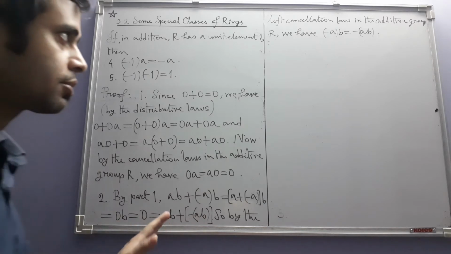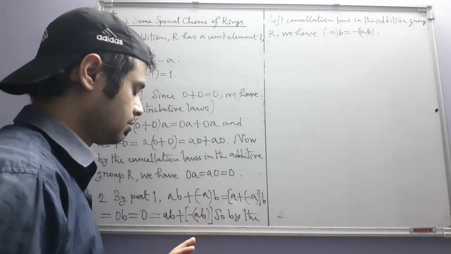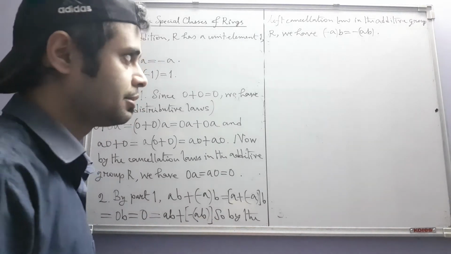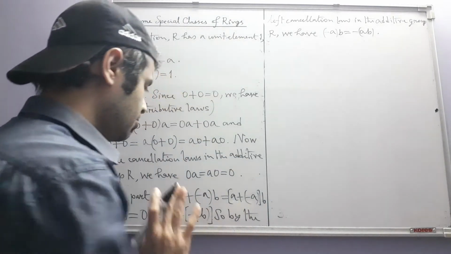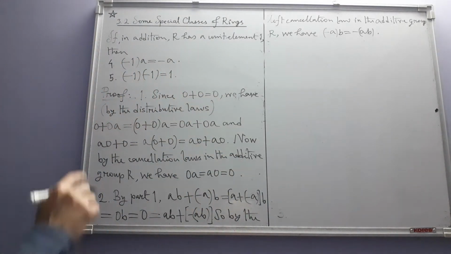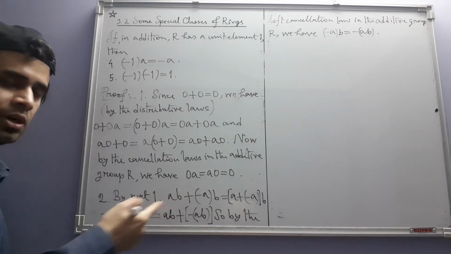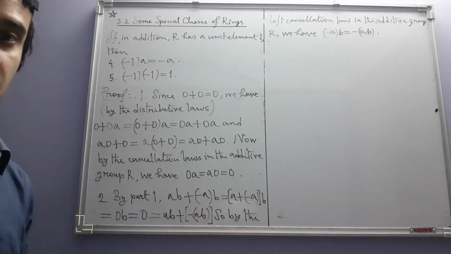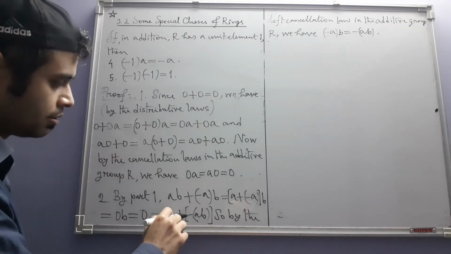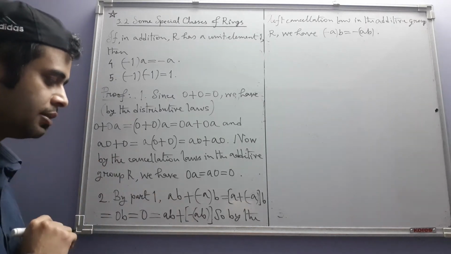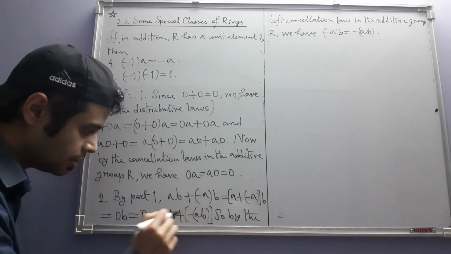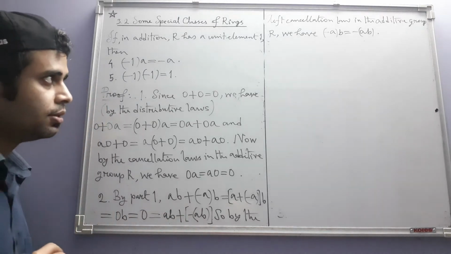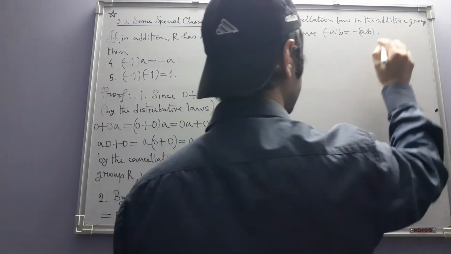We should not confuse among the different things that are possible here. Of course, once we prove this, they will be the same. We can just simply write minus AB without using brackets. But for now, this means the additive inverse of AB. That's why this plus AB is equal to 0. So we have got this.